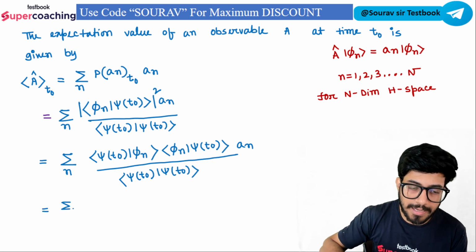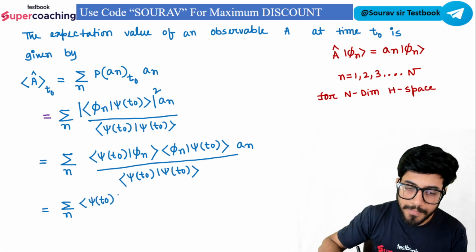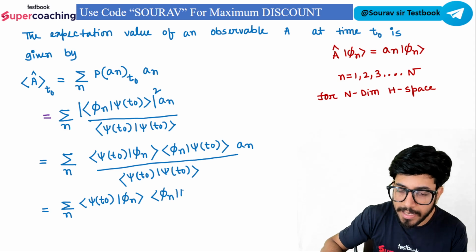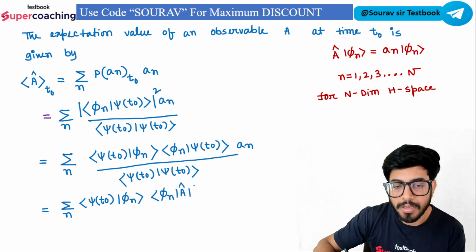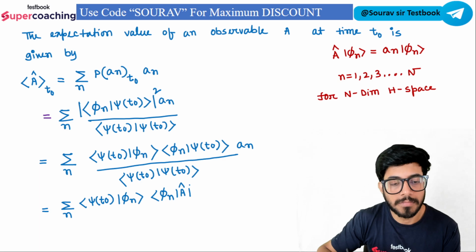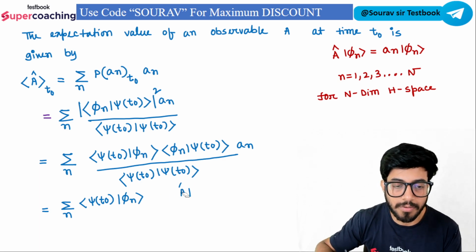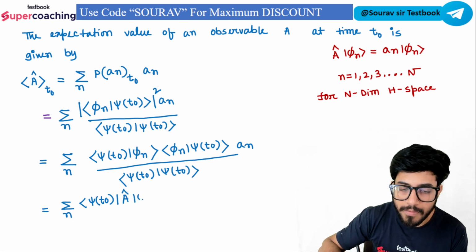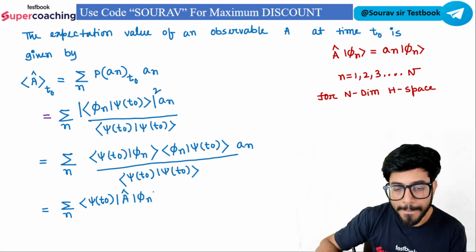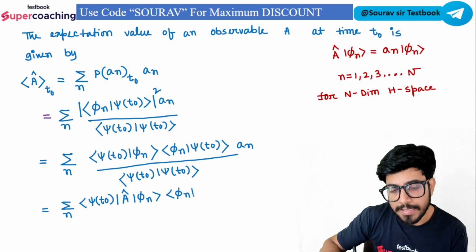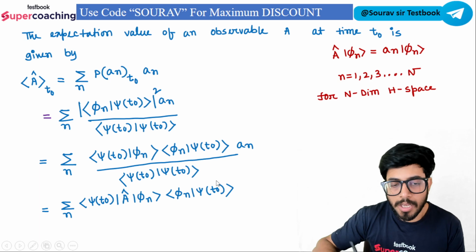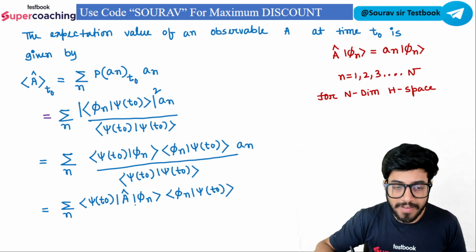So I can write it as the summation over n of psi of t0 phi n A cap phi n psi of t0, because A cap operates on phi n and gives you an phi n, so an will come outside.